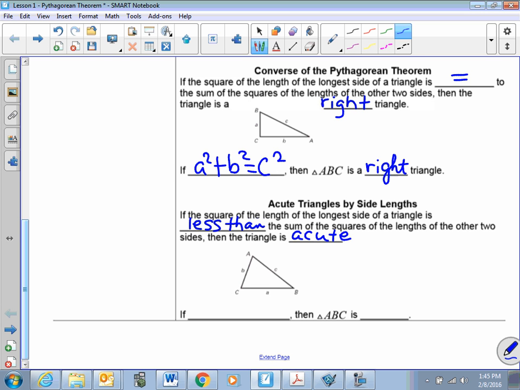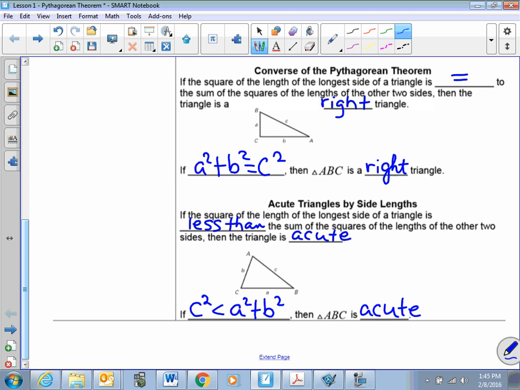If I write that in inequality notation, if c squared is less than a squared plus b squared, then triangle ABC is acute. It's a cute little triangle if c squared is less.